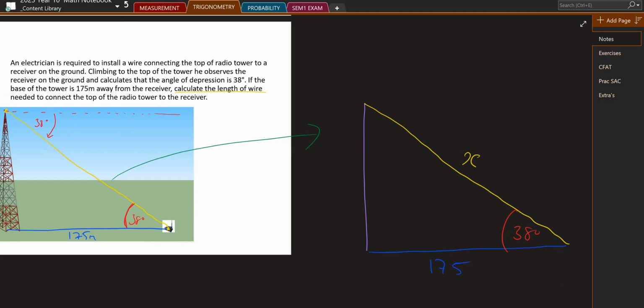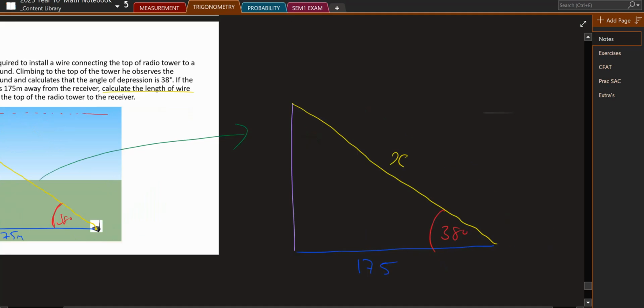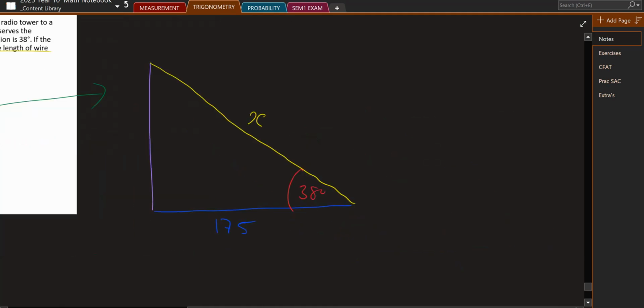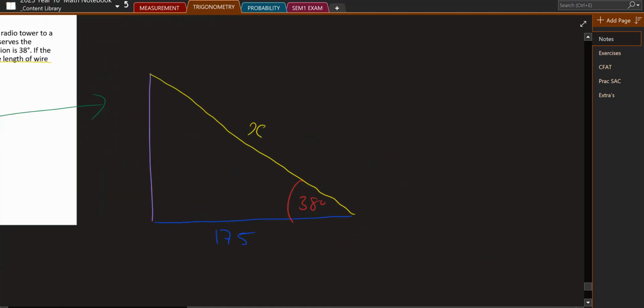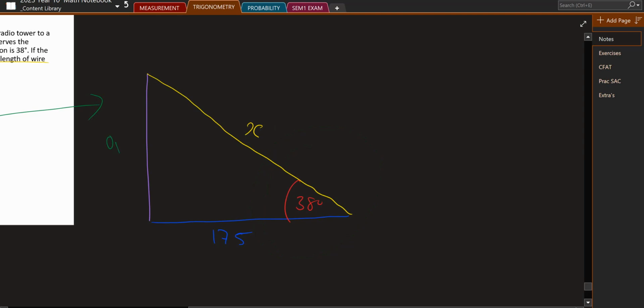Okay, so for this question, we're looking for an unknown length. Remember, when it comes to trig questions, always start off by labeling your diagram or the sides of your triangle. So if there's your reference angle right there, that's your opposite. Your longest side is always the hypotenuse, and the side next to it, which is this side, is the adjacent.